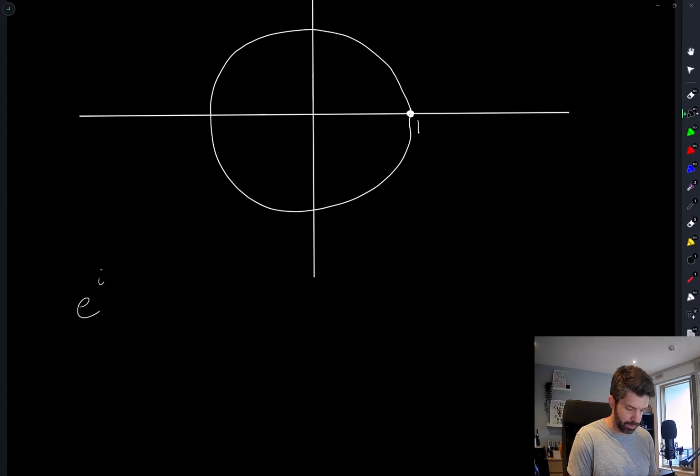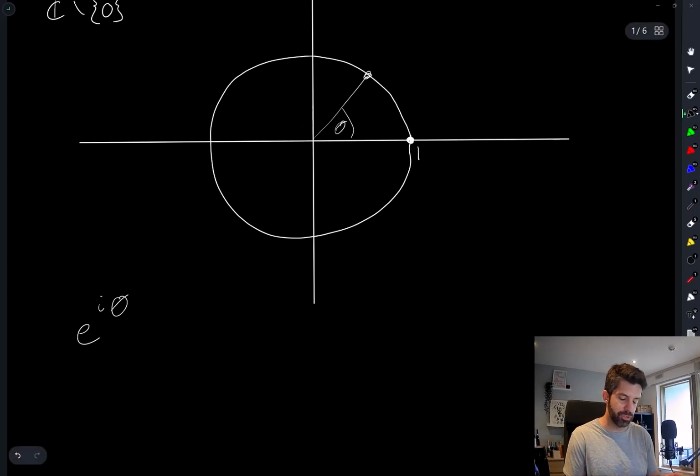So the other classification of subgroups I want to talk about, if we think about complex numbers written in the form e to the i theta, where theta is the angle here. Any complex number can be parameterized by an angle like this and a modulus, but the modulus is always going to be 1. So e to the i theta is the way we denote this number, where this angle is theta.